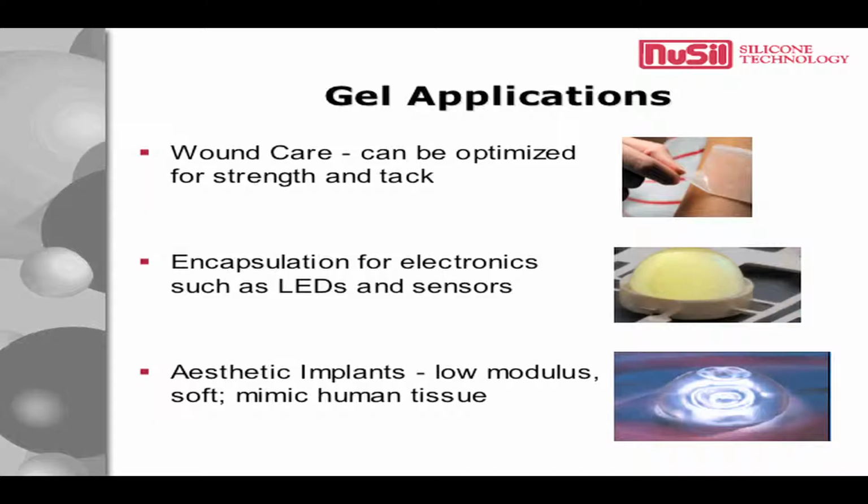The absolute number one thing that we're talking to people about with gels today, tacky gels, is wound care. Topical wound care, topical coverings for wounds, topical antimicrobial coverings for wounds, topical drug delivery devices for wounds, and skin and scar management. Those are very much the buzzwords.